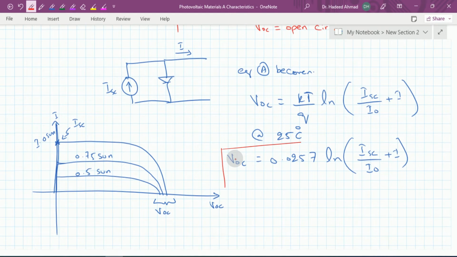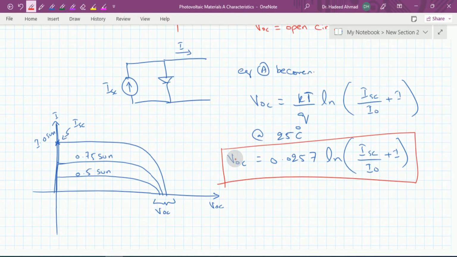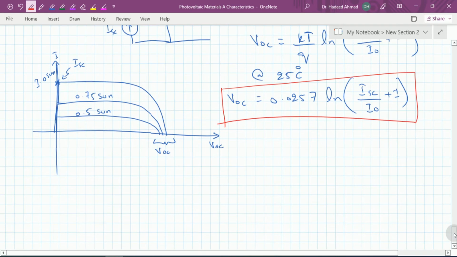Now in this particular equation, this ISC is dependent on the solar cell area, how much area is exposed to the sunlight. This I naught is usually known for a given solar cell. So it is quite visible that we have a very substantial change in the value of the ISC.